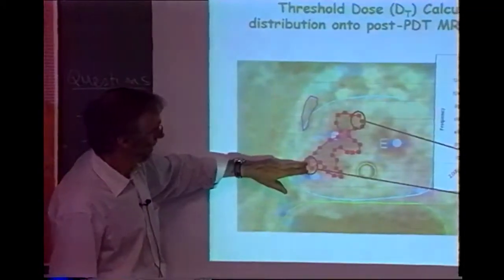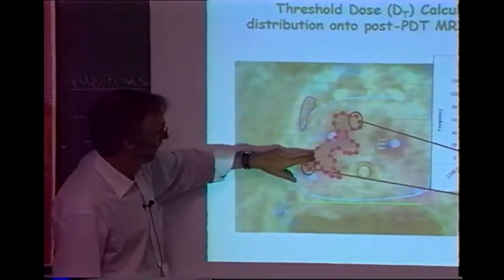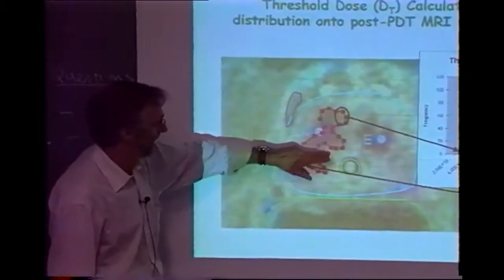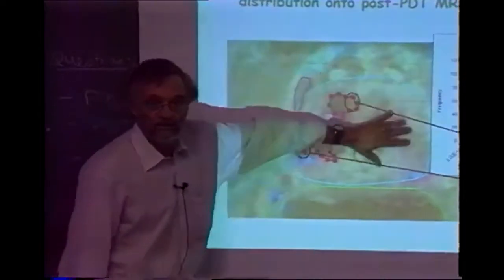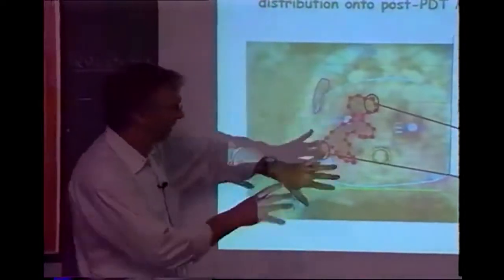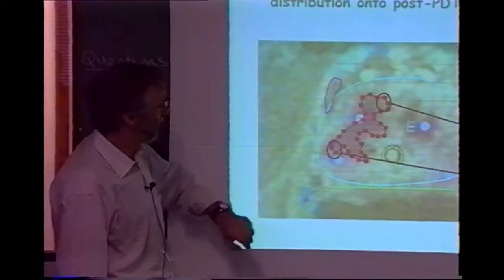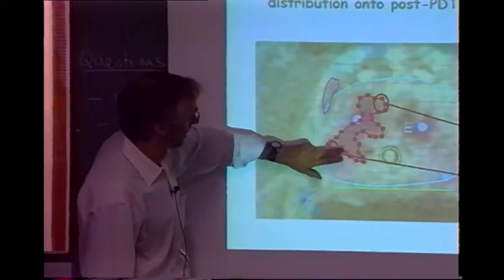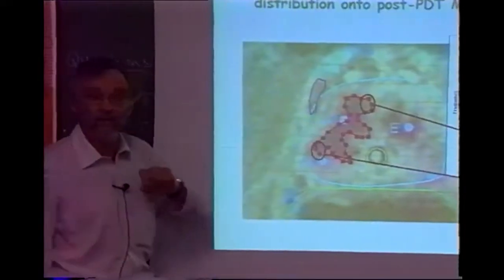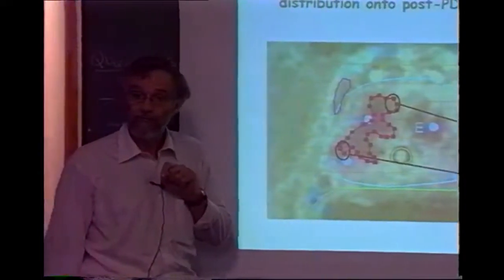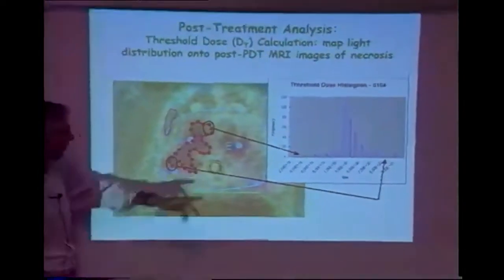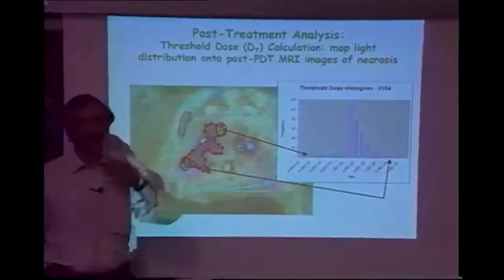Well, we are able to calculate the PDT dose at every point throughout this prostate, because we measure the light and can reconstruct the whole of the distribution. And so at every point along this boundary of necrosis, we're able to calculate the PDT threshold. And then if you plot the PDT threshold distribution, you find it varies by 100.